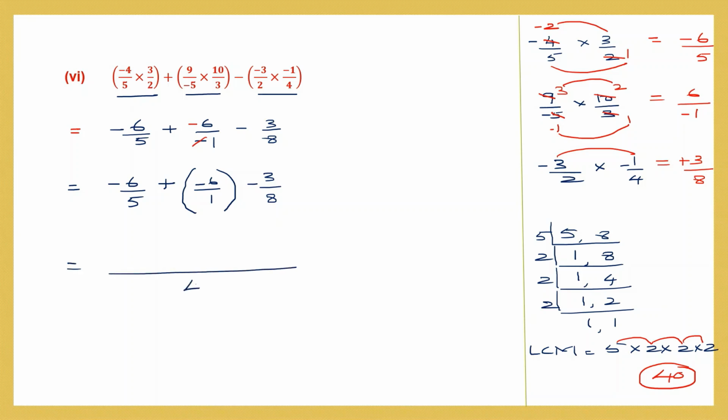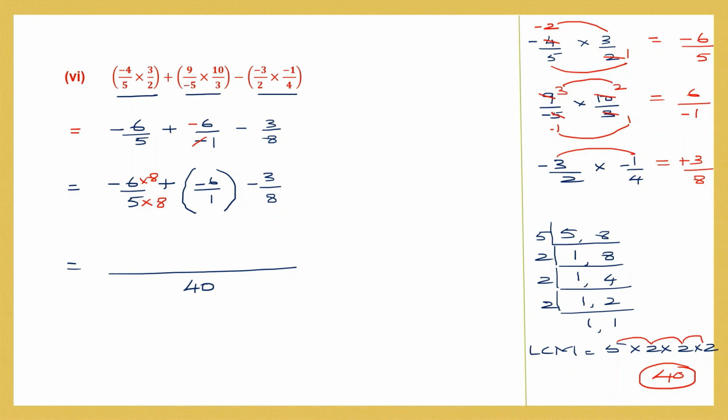So this is 40. Now 5 into 8 is 40. So minus 6 into 8. So let me repeat that. 5 eights are 40. So I multiply minus 6 also into 8.